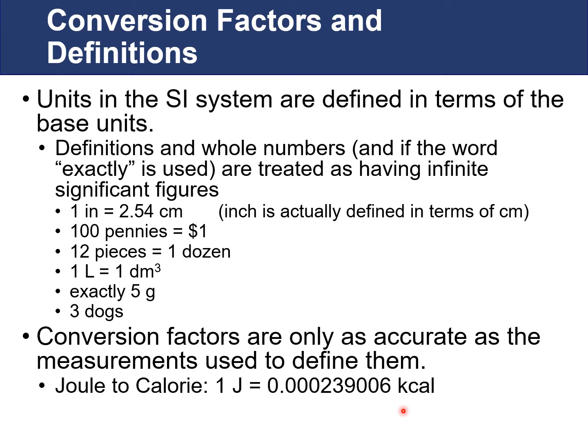And so your conversion, if you were to try to use this in dimensional analysis, you would only be able to write this down to a total of 6 significant figures. The value here is accurate to 6. This 1 is being used as a whole number. So this part here is your measurement, and this would be what limits your number of significant figures.